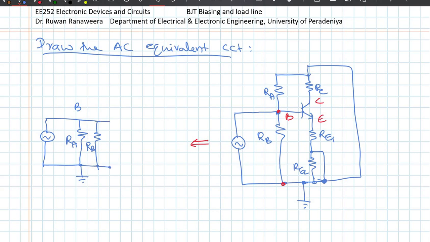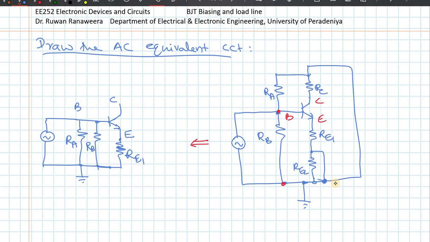So this is still B, and then you have the BJT, you have the C here and E here, and obviously you can see this RE2 can be removed because there's a short circuit across it. So therefore you end up with only RE1 here. And what happens to C?